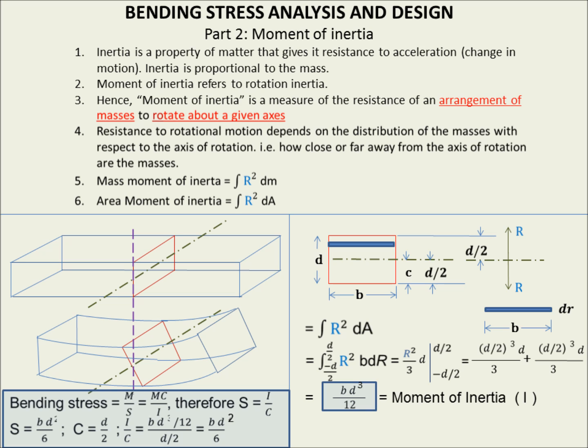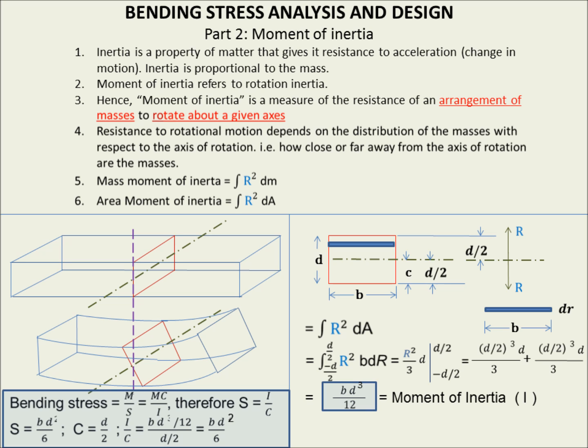Here we have, for the section modulus of a rectangular cross section, it's bD squared over 6, and we derived this in our first video. c is D over 2, therefore I over c is equal to bD squared over 6, right? Which is the section modulus. So now we've demonstrated why bending stress is equal to Mc over I. It's basically because the section modulus is equal to I over c.